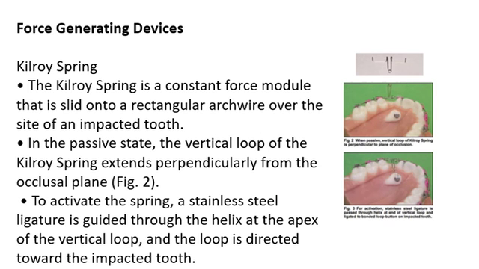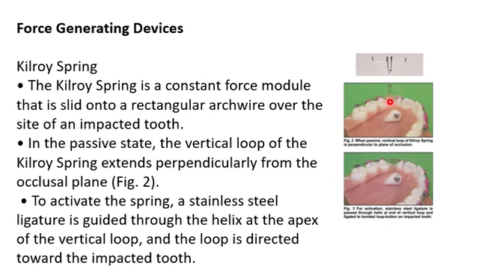Kilroy spring is similar to cheeks with an elongated nose. Kilroy spring is a constant force module that is slid onto the rectangular arch wire over the side of the impacted tooth in a passive state.